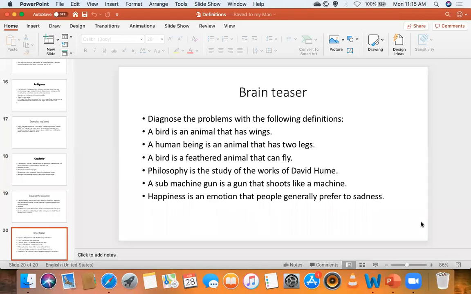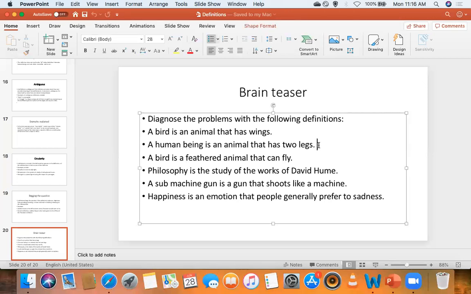And then okay, what about the second one? A human being is an animal that has 2 legs. Too broad. Do we have other animals with 2 legs?